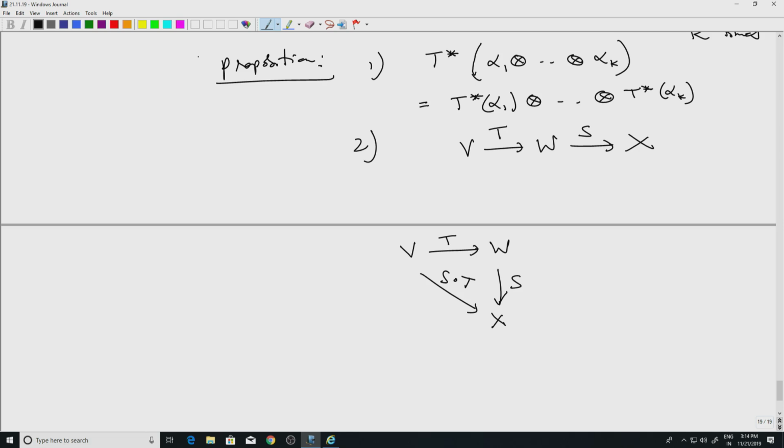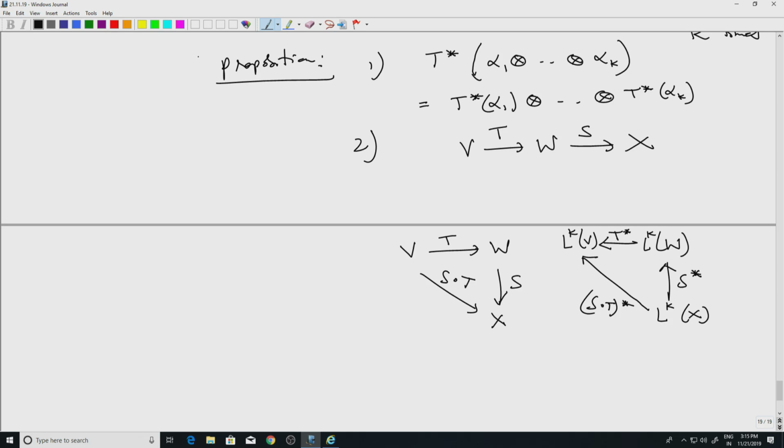Now when I look at the action on L^k, I'll have to go in this way: L^k(W), L^k(X), then L^k(V). So T star goes here, then S star goes here, and then (S composed with T) star goes here.